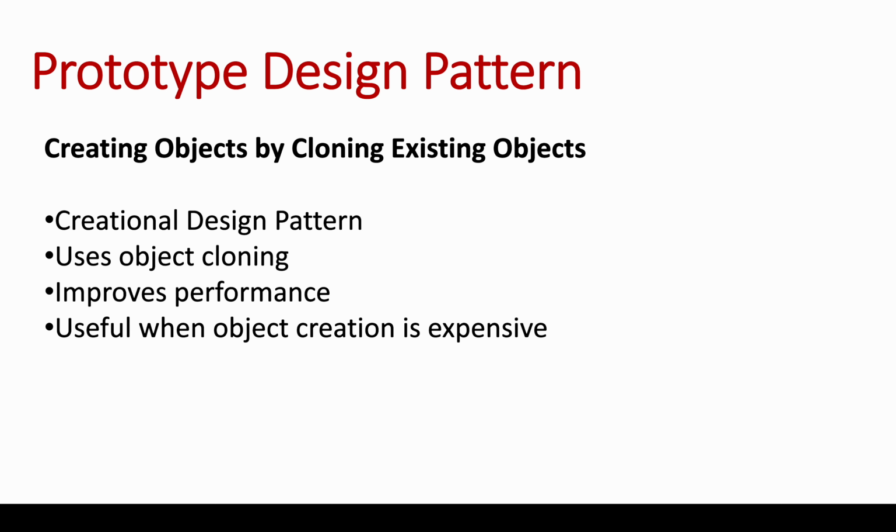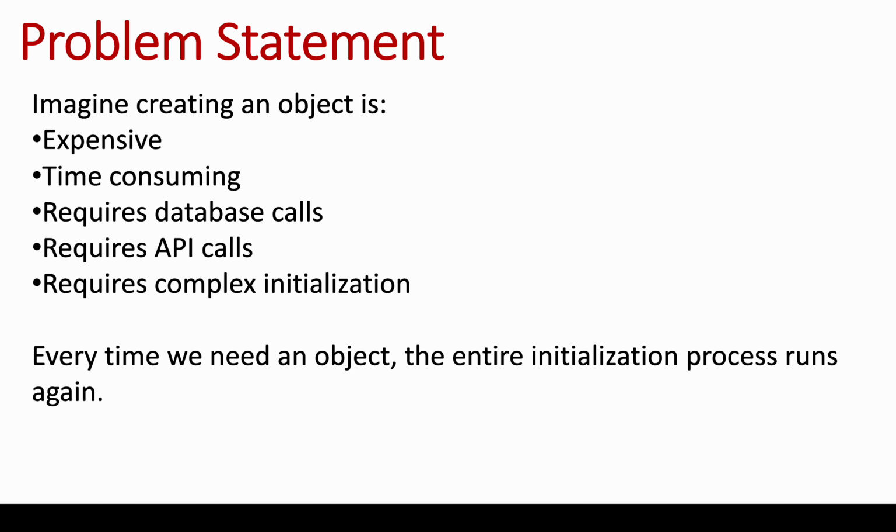When is it useful? When should we use it? It is useful when object creation is expensive. We don't want to create an object from scratch, rather we can clone an existing object. Let's understand a problem statement to get the context of why this design pattern is required.